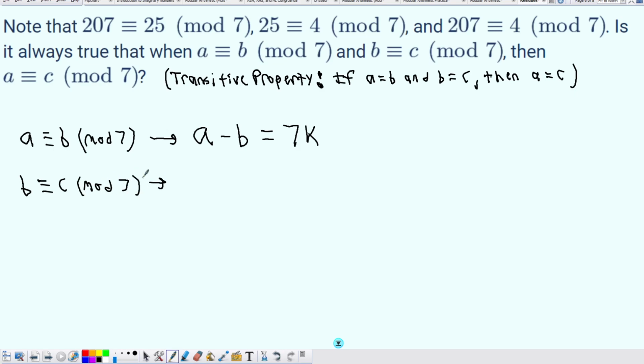Which means that B minus C is equal to 7 times some other integer j. Those are two facts I am working with. The next thing I want to do with that information is prove that A will be congruent to C.